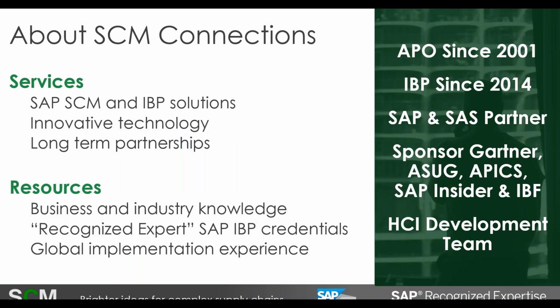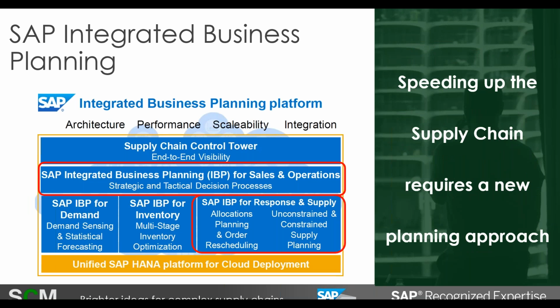We've been working in APO since 2001, as an SAP partner for about 5 years, and recently have gotten the credentials of recognized expert in the supply chain management space, which is something that we're very proud of, specifically because the majority of that credential from SAP is from client references. So our clients are happy with us. They told SAP they were happy with us, and we were the first ones in the US to get that designation in the supply chain management space. So we're awfully proud of that, and something we like to highlight because it's a customer accolade.